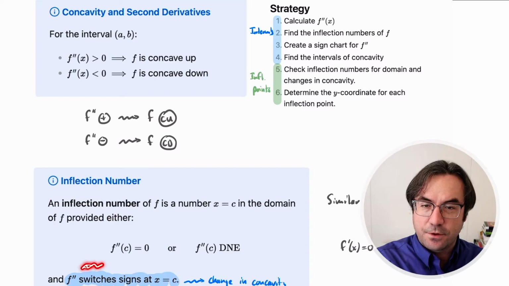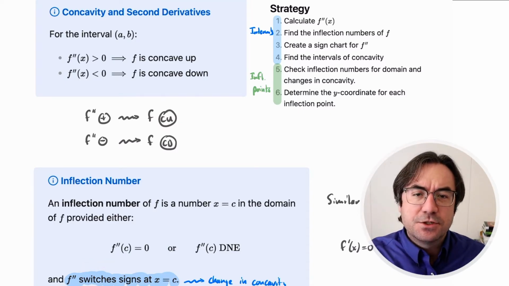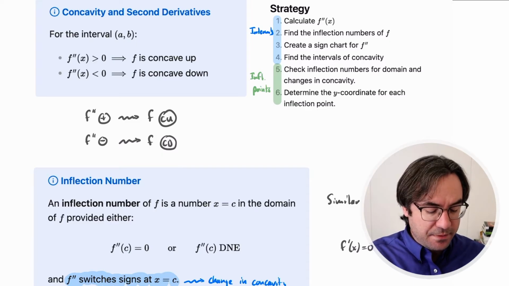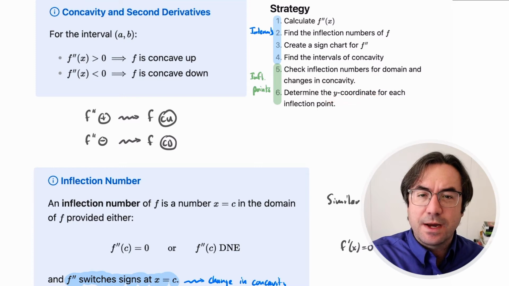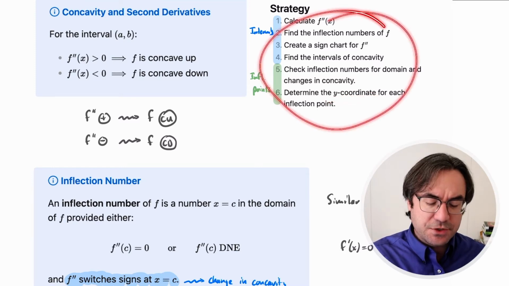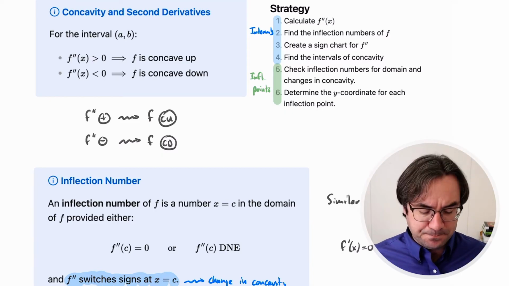So we're really looking for this f double prime switch in signs. So if that's the case, well then we actually do have an inflection point there, and so then we can find the y coordinate. So we'll come back and talk about this strategy, but let's try an example.